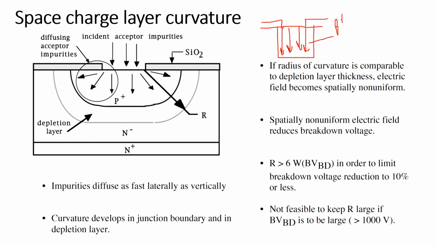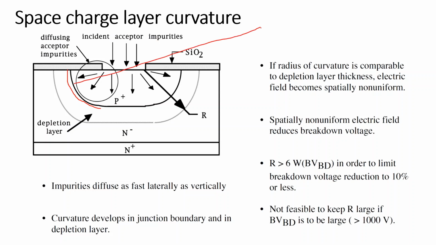But this does not happen, because when the acceptor atoms diffuse, they diffuse laterally as well as vertically downwards. So the result is that we get a curvature here, and because of the curvature the breakdown capability of the device reduces, because the electric field required for breakdown reduces.